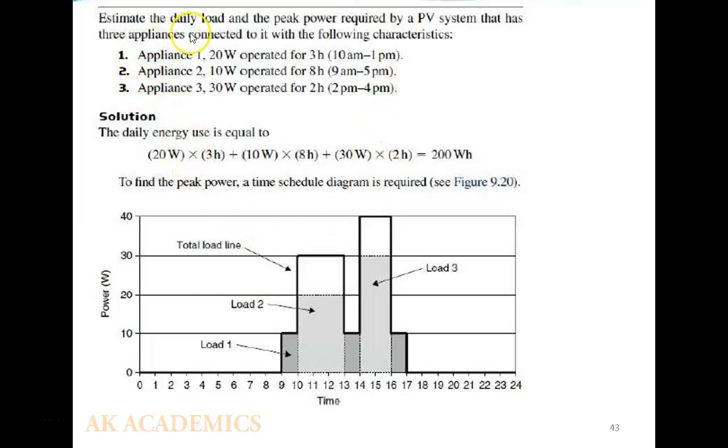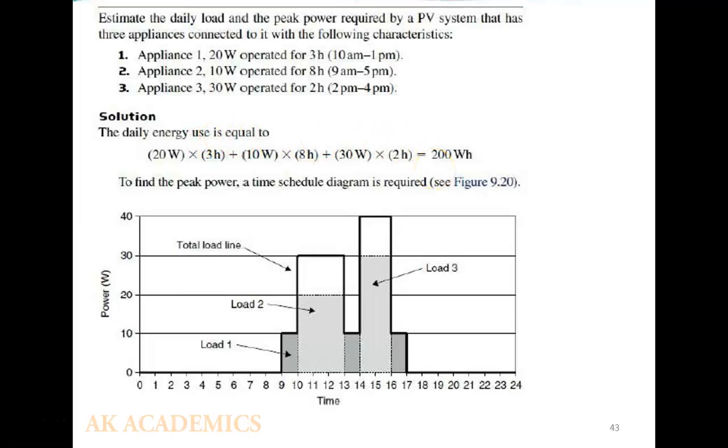Now, what we are looking for is the estimation of the daily load and the peak power required by a PV system that has 3 appliances connected to it with all of these characteristics that we have discussed. The daily energy use is going to be calculated as follows.